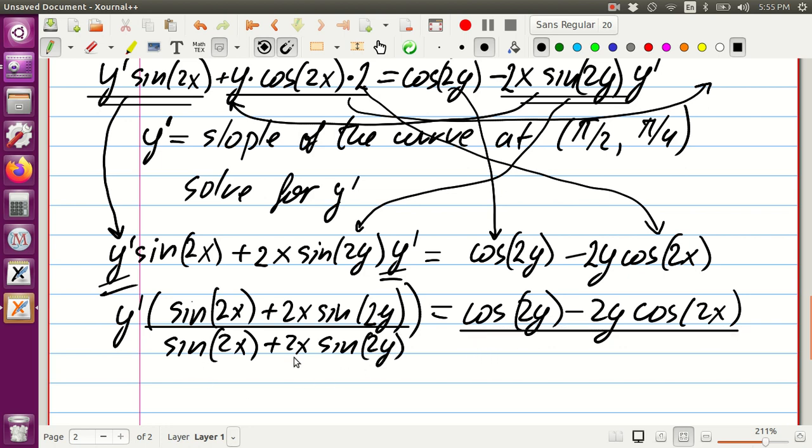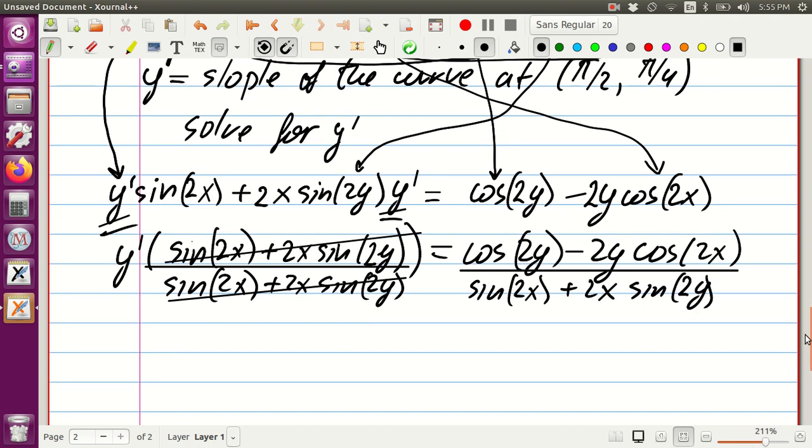So on the left side we get y prime, and on the right side we will get sine of 2x plus 2x sine of 2y in the denominator. So finally, to find the slope, we need to take the derivative and evaluate it at the point pi over 2, pi over 4, where this is x and this is y.